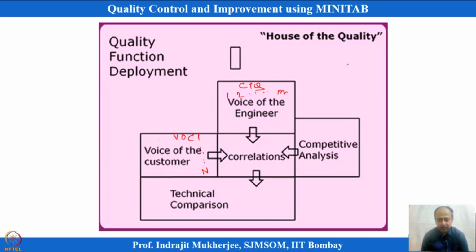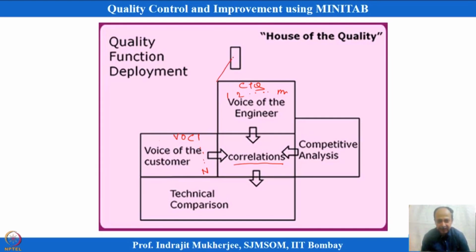This box will show you the CTQs and this box will show you the VOC, and the correlation between VOC and CTQs will be shown in this box. They can have a strong relationship, one voice can be addressed by a CTQ, but the relationship can be strong, weak, or medium, and this will be shown in this matrix.